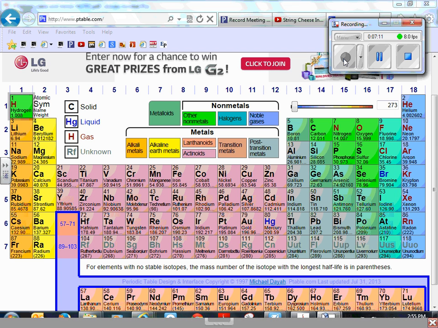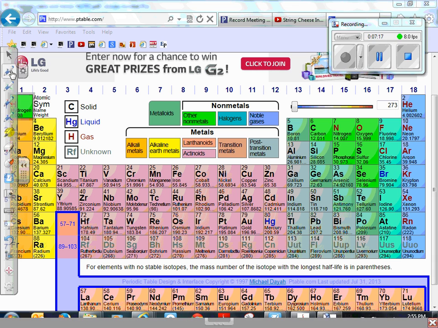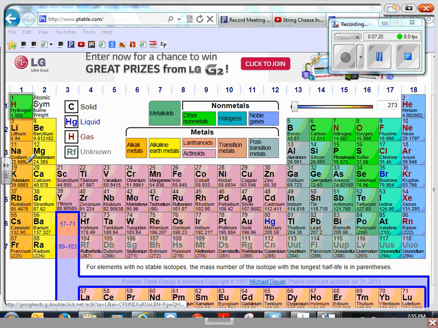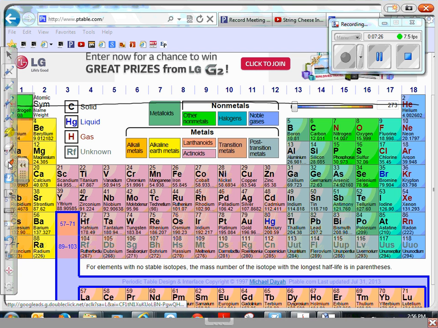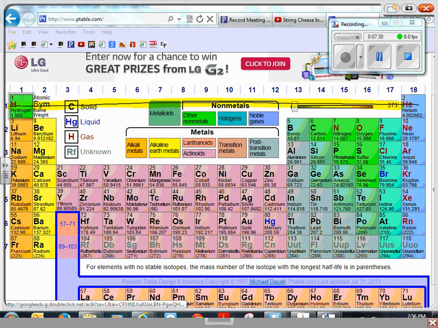Okay, so the way this works is you have period 1. Period 1 is right here. Look, there are only 2 in period 1. We have hydrogen and helium, and that makes up the whole first period.